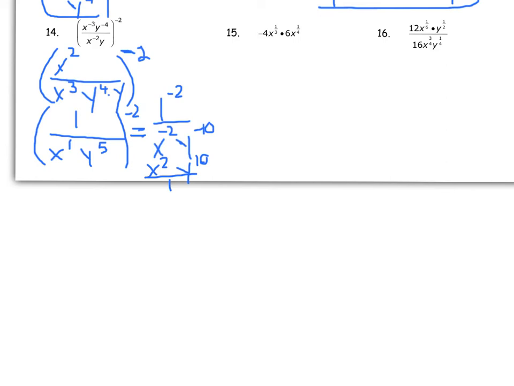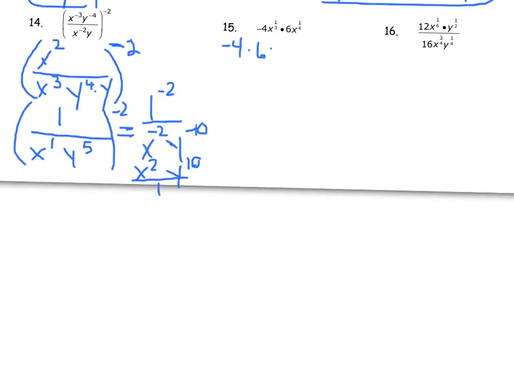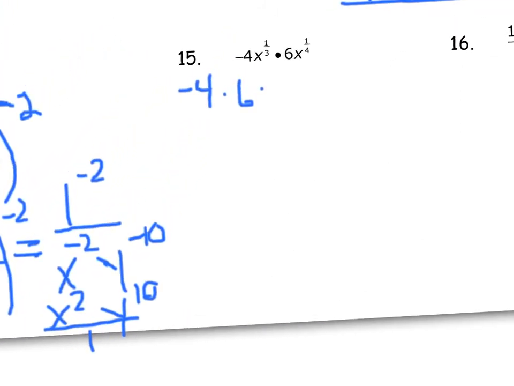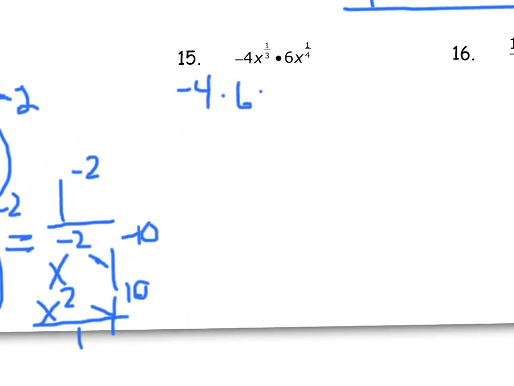Number 15 looks nice and short, and it is. You're just going to be working with multiplying your coefficients here. And you're multiplying powers. Let's make this guy a little bit bigger, see those fractions better. And you're multiplying powers with the same base, which means that your exponents have to add.